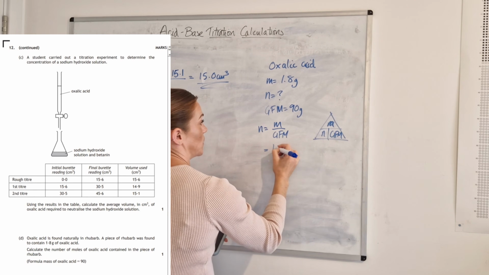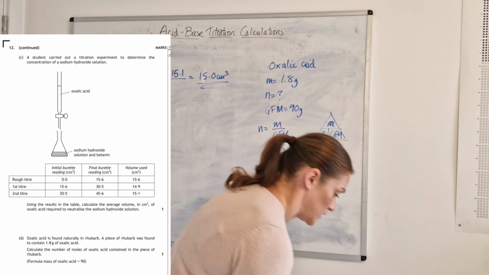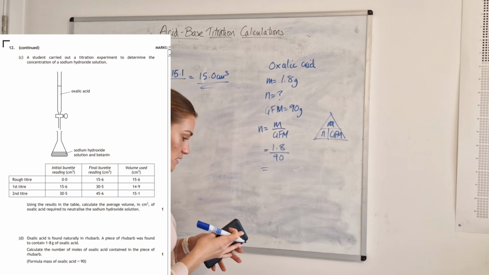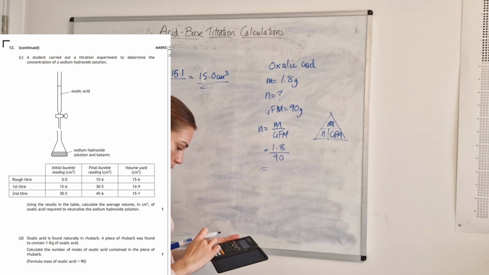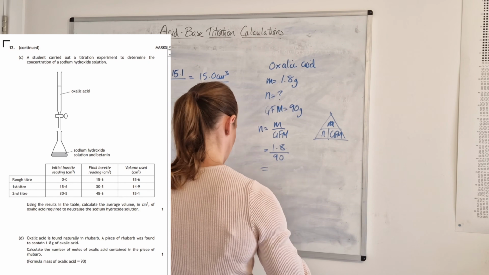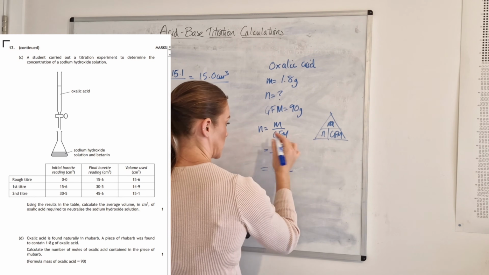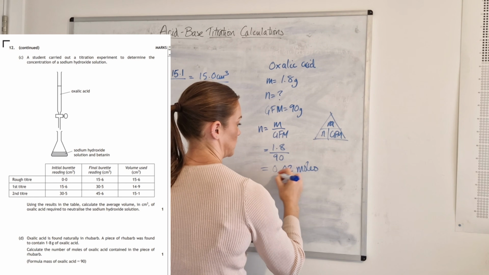So m is 1.8, GFM is 90. So then if we do 1.8 divided by 90, we get 0.02, and that's the number of moles, so that'd be moles.